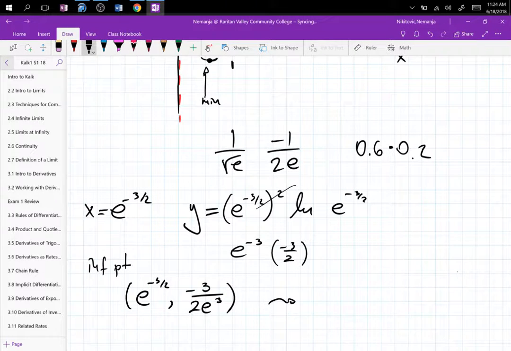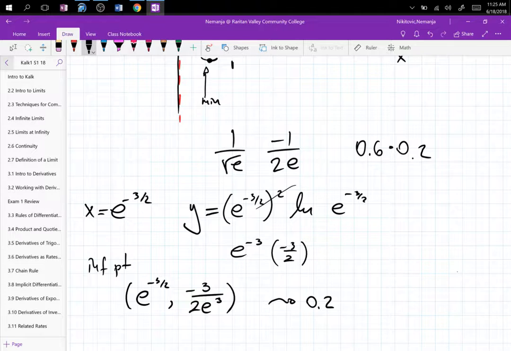Nice. And the decimals for this, it's never-ending fun. X coordinate is about 0.223, but yeah. And then we have negative 3, oh, let's call on, that's negative 1.5 divided by e cubed.